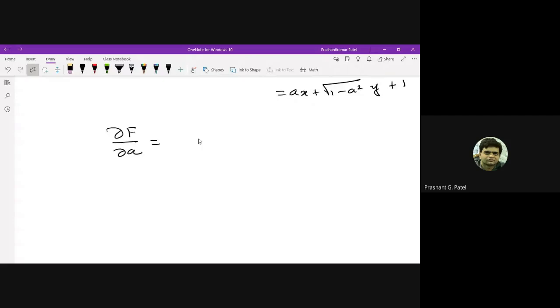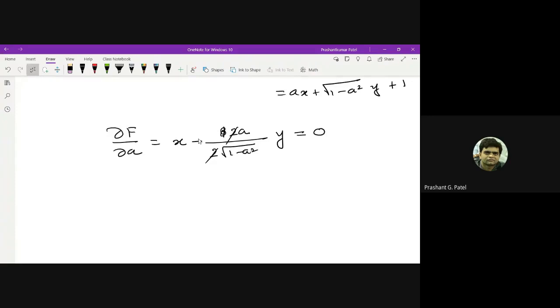So that gives me x minus a derivative of square root, that is 1 upon 2 into square root of 1 minus a square, and the derivative of minus a square, so it is minus 2a y, and the derivative of 1 is 0. 2 will get cancelled out. And Fa is 0, that we have started with.